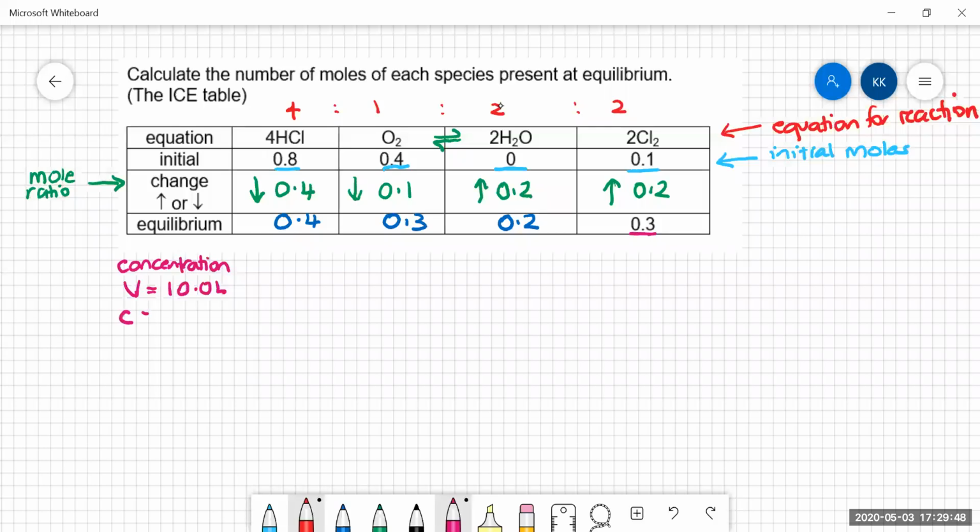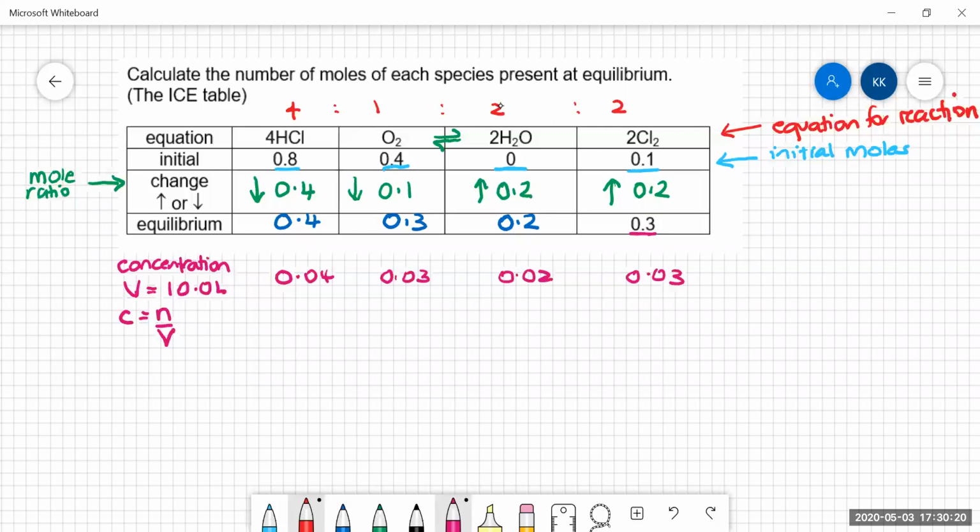And we know that concentration is moles over volume, which means we're going to need to divide each of those moles by 10. So our concentrations are going to be 0.04, 0.03, 0.02, and 0.03. That is probably one of the more common mistakes that people make in this type of problem.